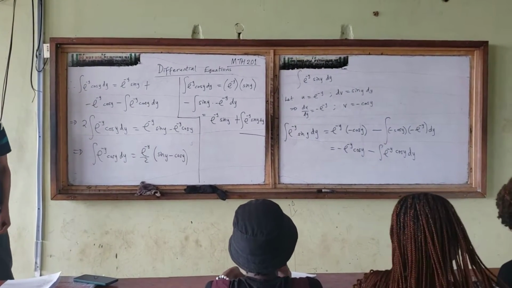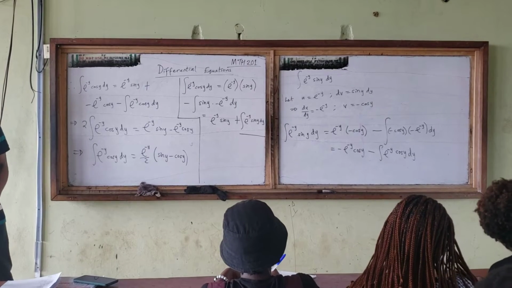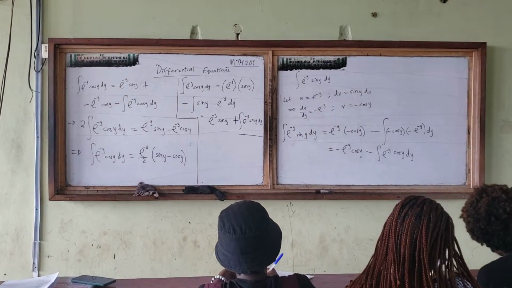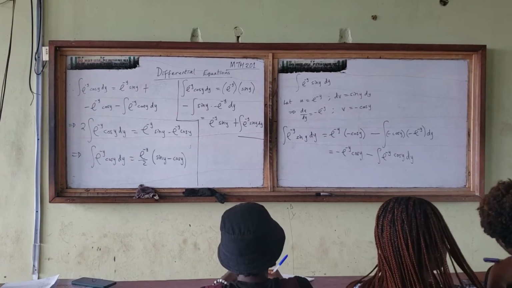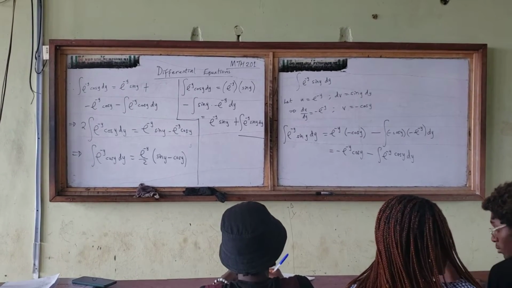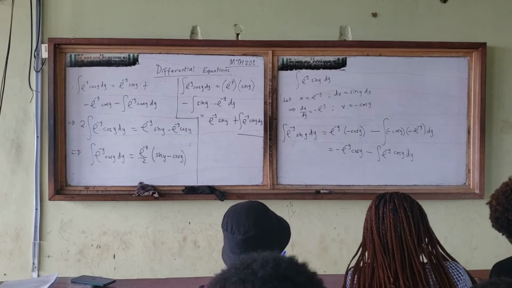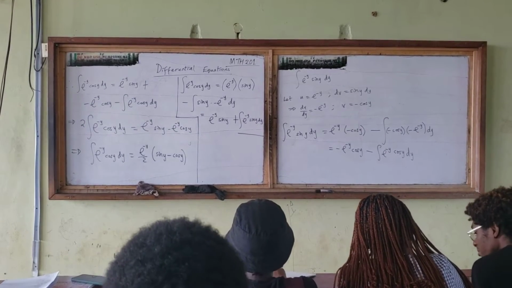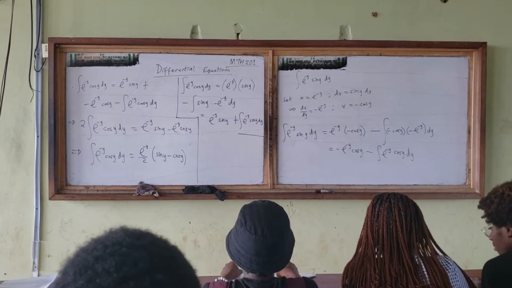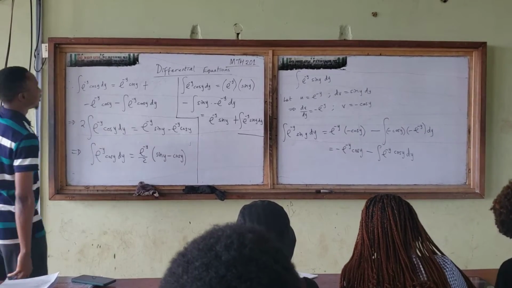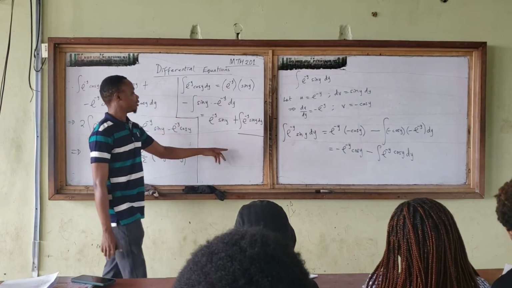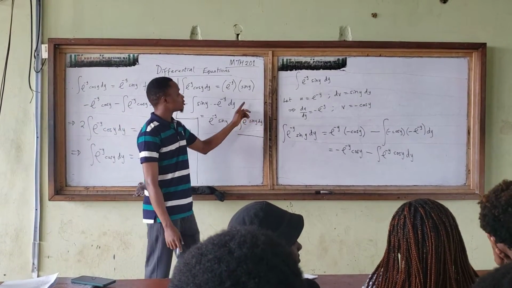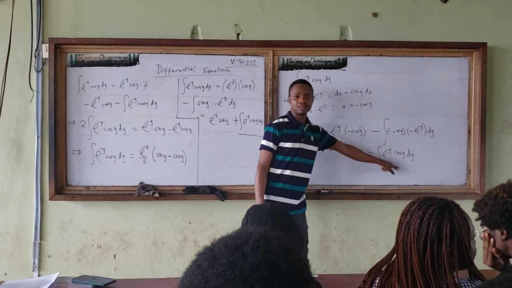You get it? That's what we got before. You know how we came about this, right? Then we needed to find this. So we found this to be this using the product rule.